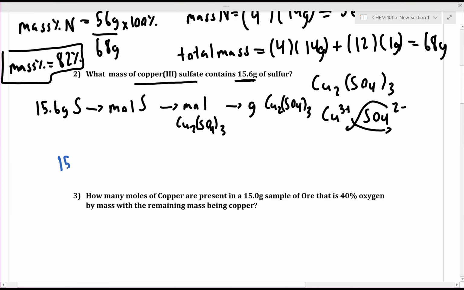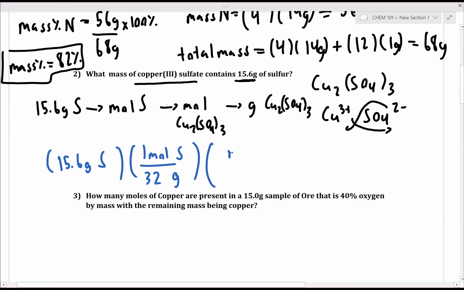So then, let's now focus on executing on this. So if we have 15.6 grams of sulfur, and this is monoatomic sulfur, if we're going from grams to moles, what units need to be on top? Moles. So in 1 mole of sulfur, we have how many grams? 32. Yep. Perfect.